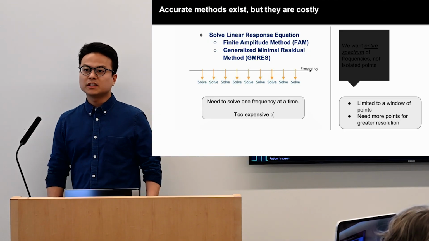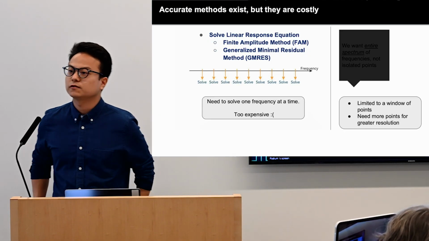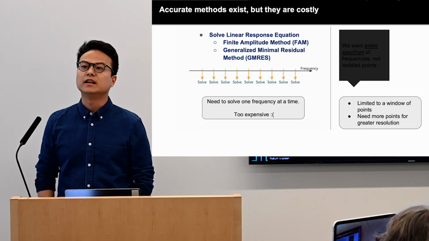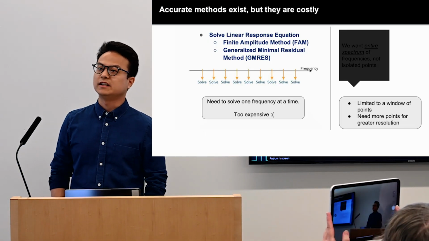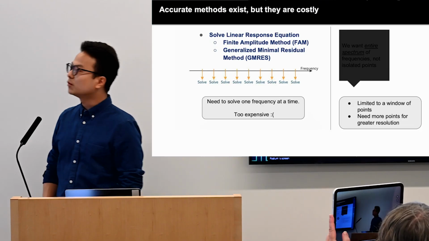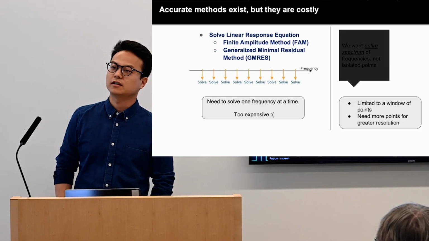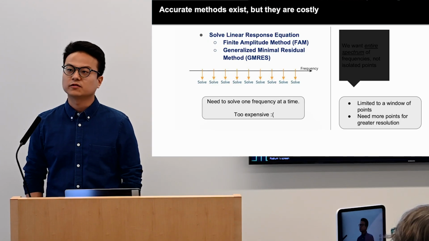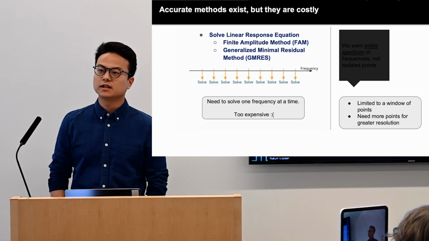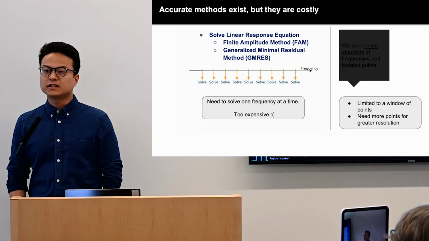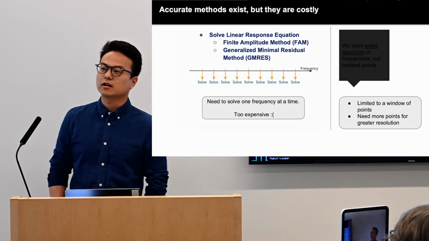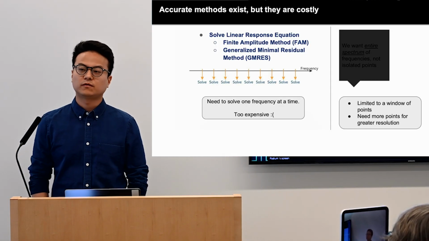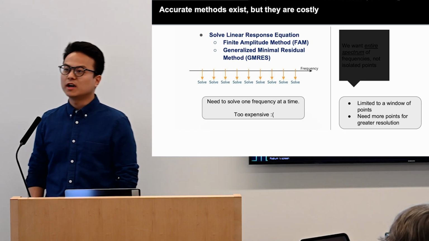A prototypical way of computing the strength function is by looking at what are called the linear response equations, which are solved using iterative methods known as the finite amplitude method or the generalized minimal residual method. However, these are costly in practice because you need to solve one frequency at a time. And why is this an issue?